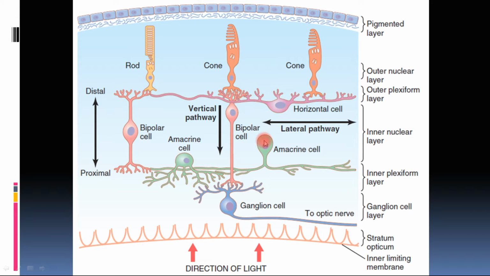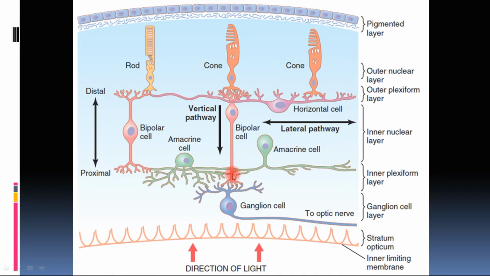Then comes the inner nuclear layer. In this layer lie the nuclei of various inner cells, that is the amacrine cells, the bipolar cells, and the horizontal cells, and that is why it is called the inner nuclear layer. Then comes the inner plexiform layer. That means it has the connection between the inner cells and the ganglionic cells.